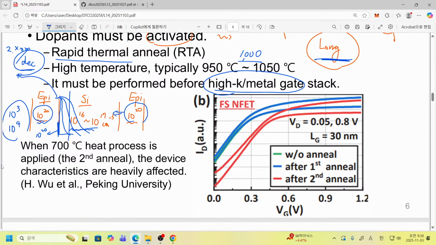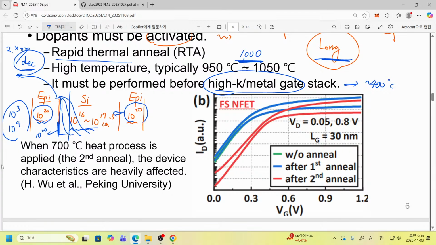However, the typical temperature of this high K is in Celsius just about 400 Celsius. So if we apply 1000 to this stack, then this stack is just destroyed.